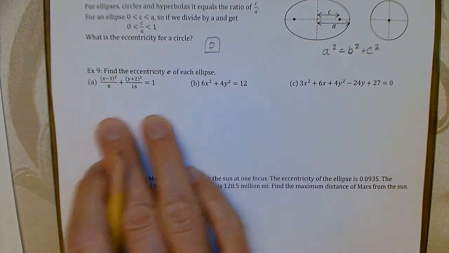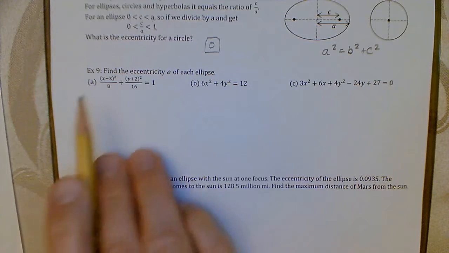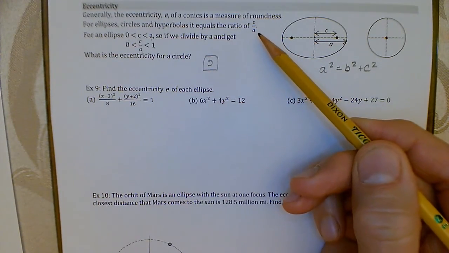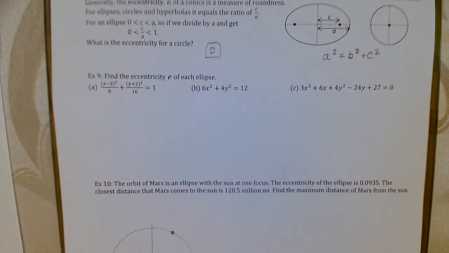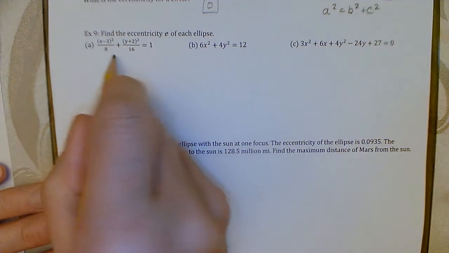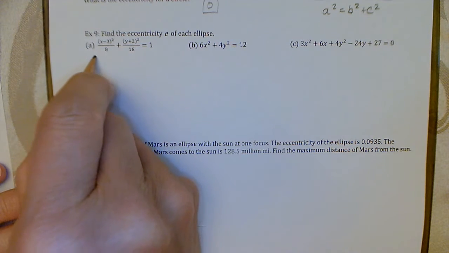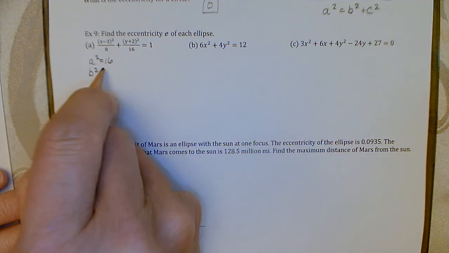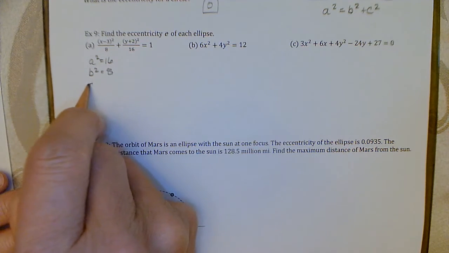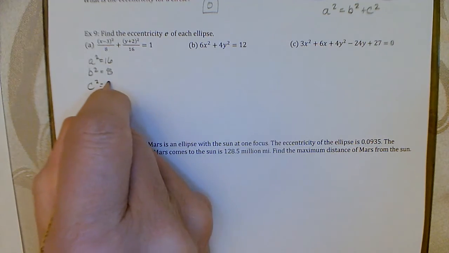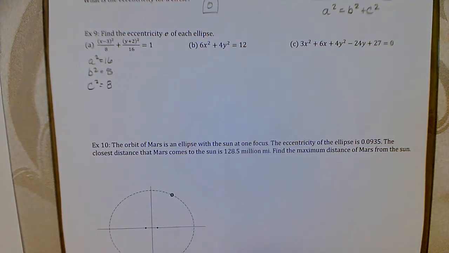All right, find the eccentricity E for each of these ellipses. So basically what you're looking for is C over A. All right, so this one, we know that A squared equals 16, B squared equals 8. We know that C squared is the difference of those two, which would be 8.